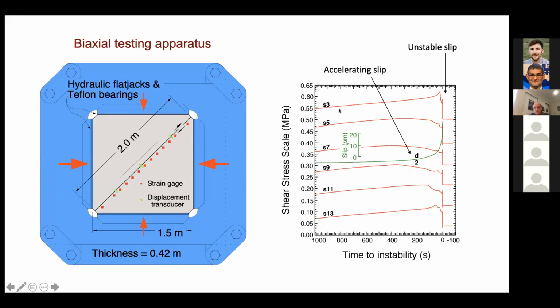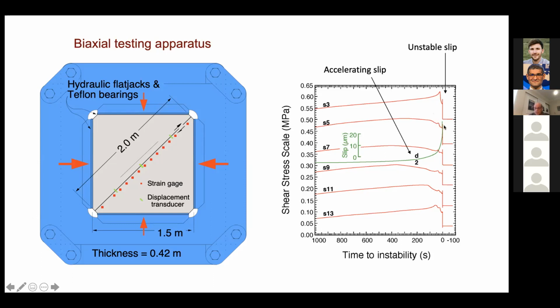So these curves here represent different locations on the fault. The green curve is slip here at the center. And what we see is accelerating slip prior to instability, and it occurs over some finite zone.